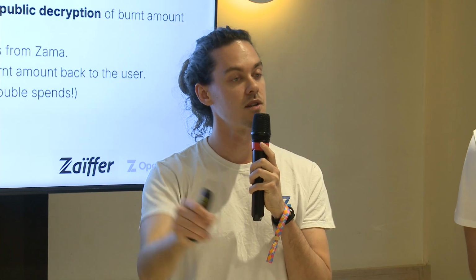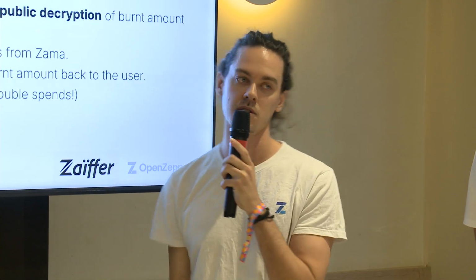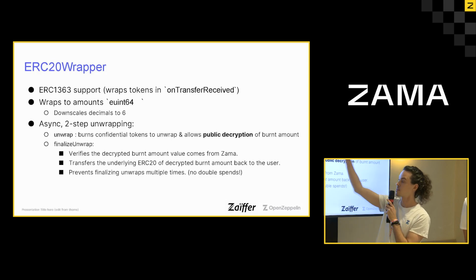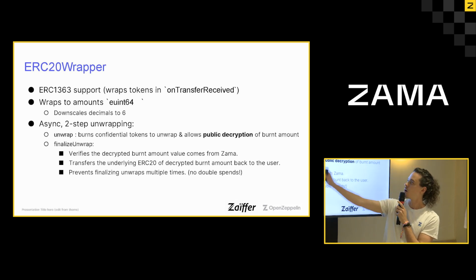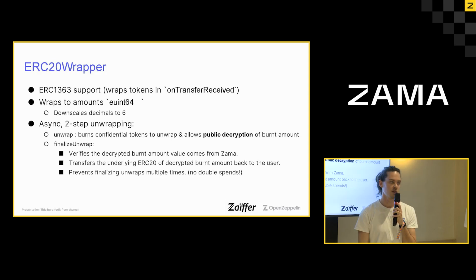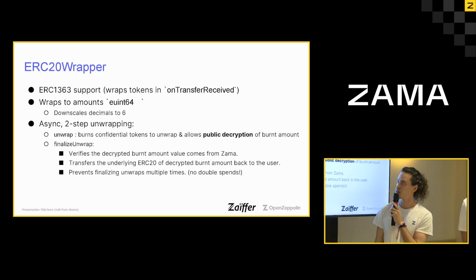So if you just send tokens directly to the ERC-20 wrapper, it will automatically wrap them into ERC-7984, assuming that you are calling this on-transfer received hook, which OpenZeppelin contracts do. It wraps amounts to the EUINT64, which, as we discussed earlier, is smaller than the typical EUINT256.